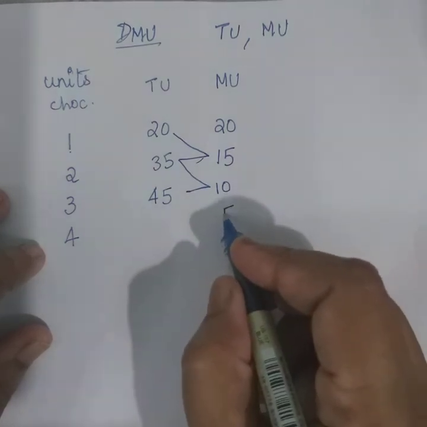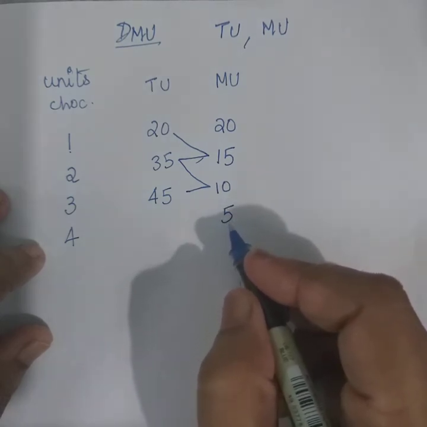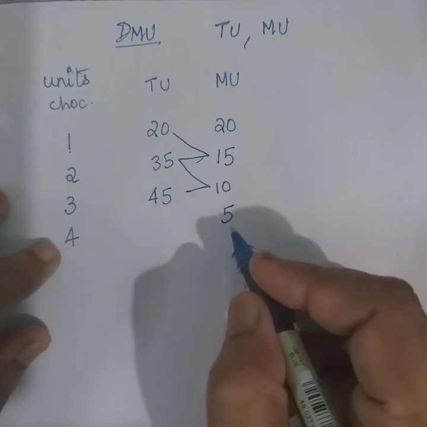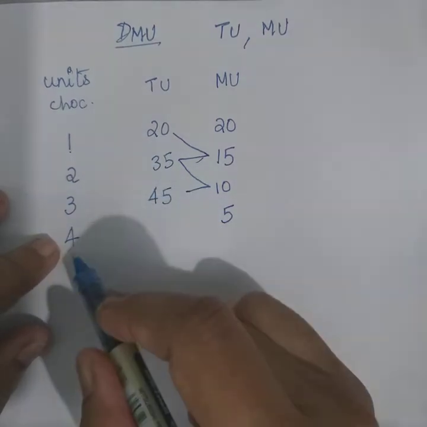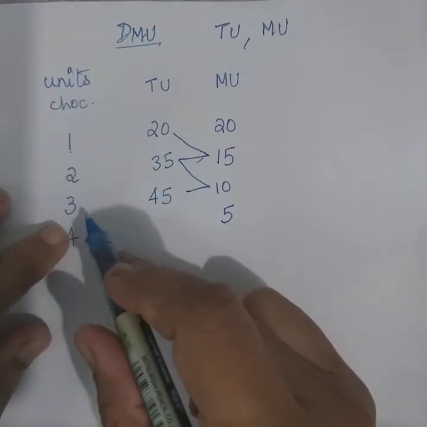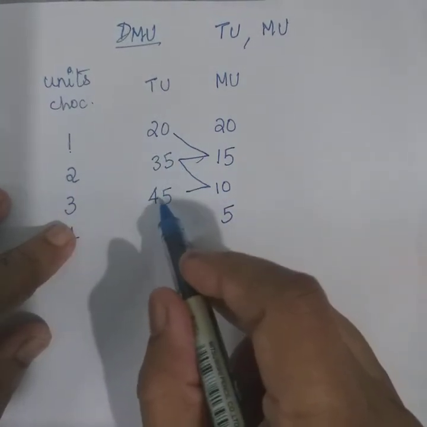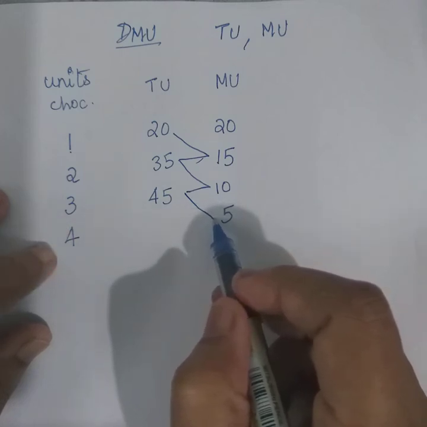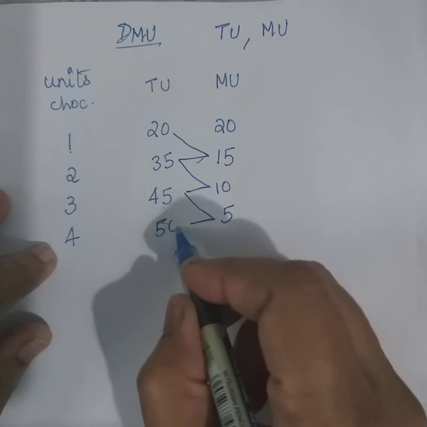So let's say 5 utils is what the person gets from the 4th unit. The total utility of 4 units would be the total utility derived from 3 units plus the utility of the 4th unit. So that would be 45 plus 5, which is 50.